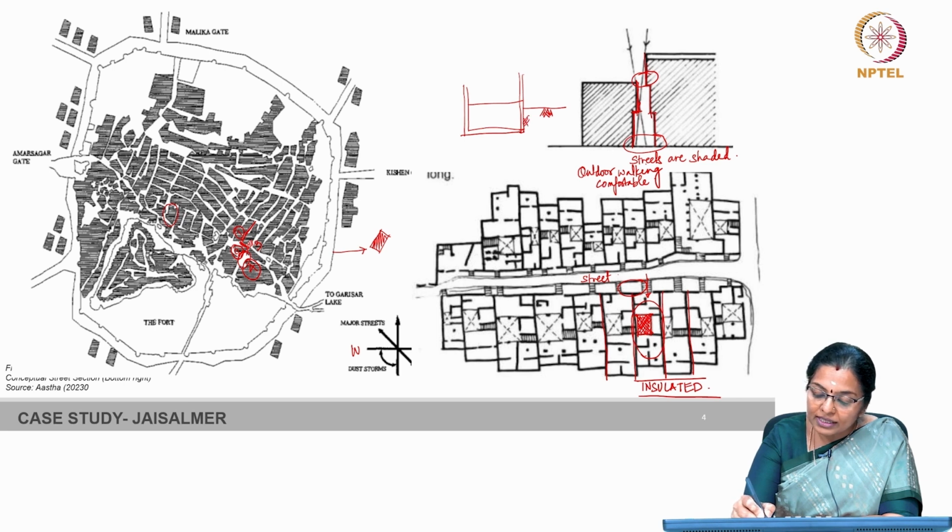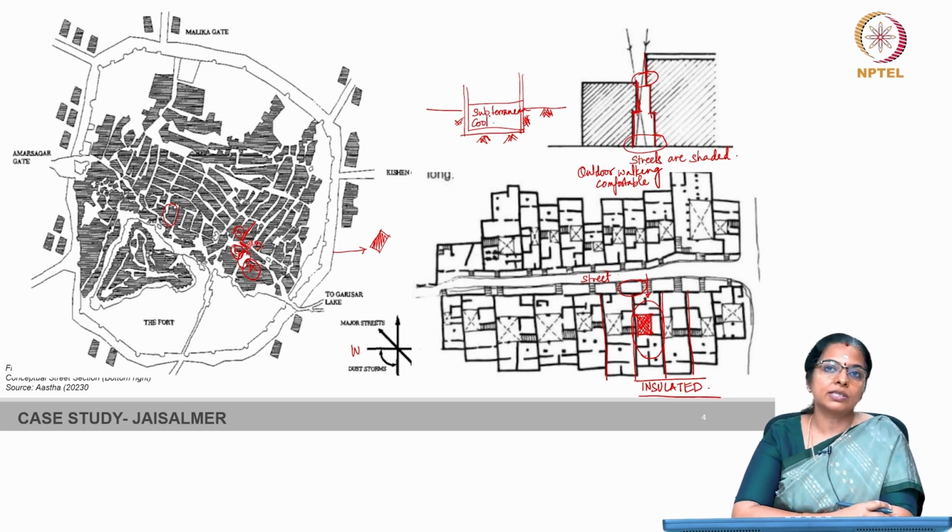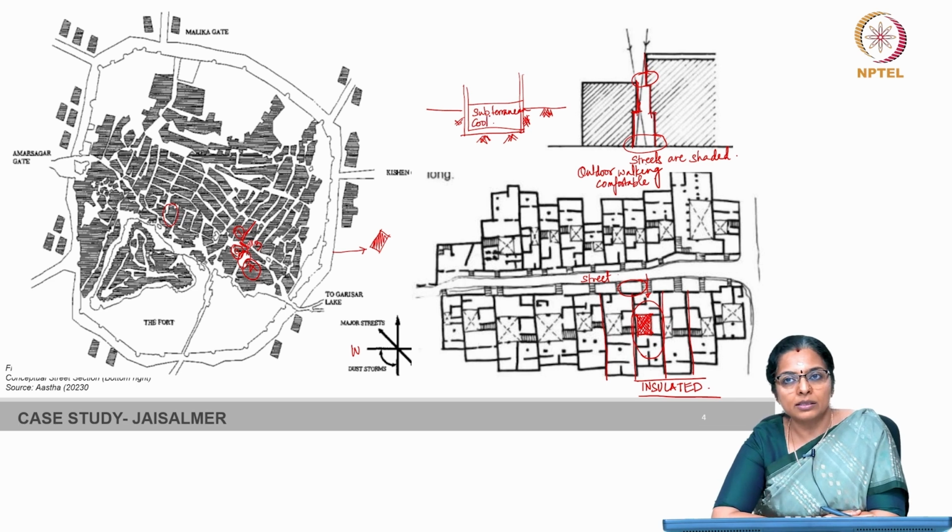And because there is insulation due to soil, this underground level or subterranean level is also very cool. So, when the outside is like a bakery, the inside remains very cool.